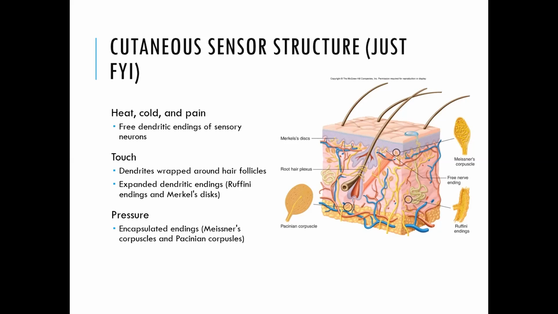And those are referred to as Ruffini endings or Merkel discs. So you'll see them identified there in your diagram. Those are responsible for response to touch. And then you have response to pressure, where you have encapsulated endings, which are called Meissner's or Pacinian corpuscles. Again, they are highlighted in your diagram there. And those are all located mostly in the dermal layer of your skin.